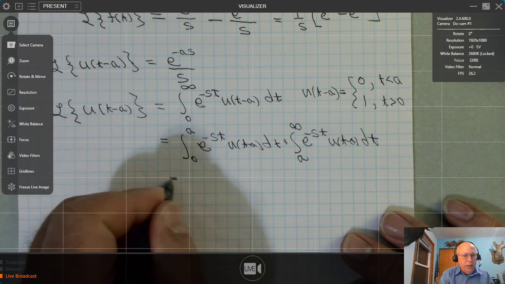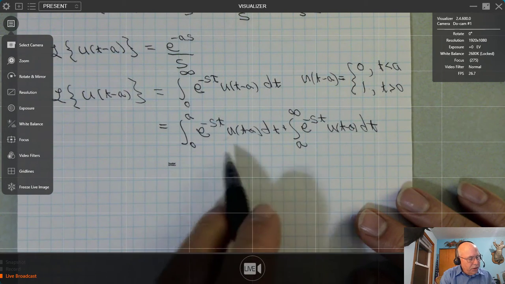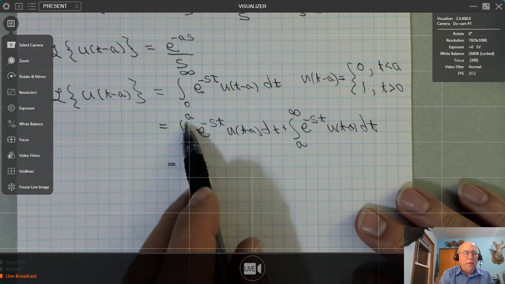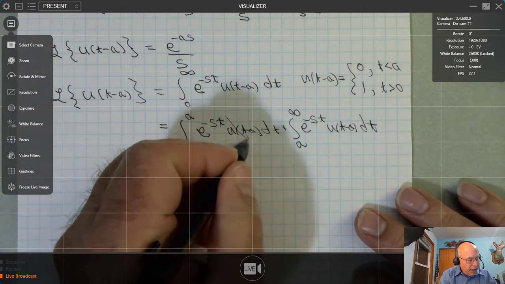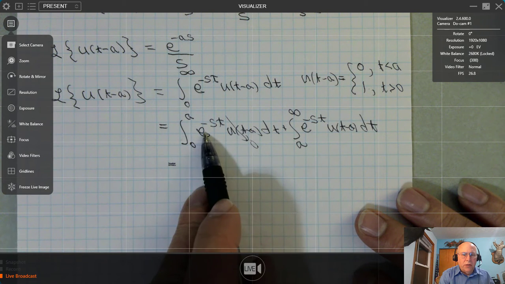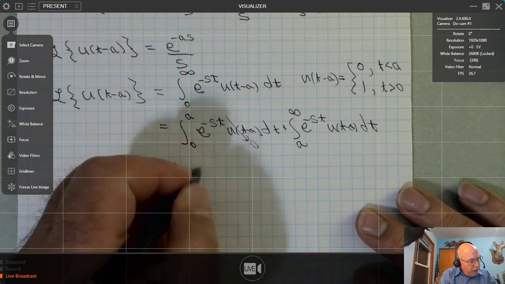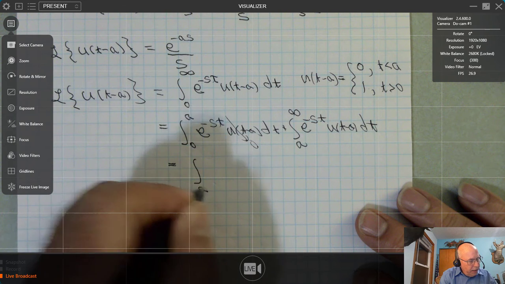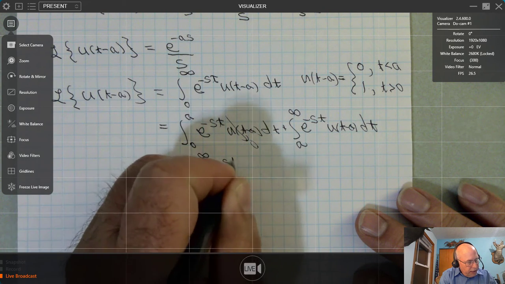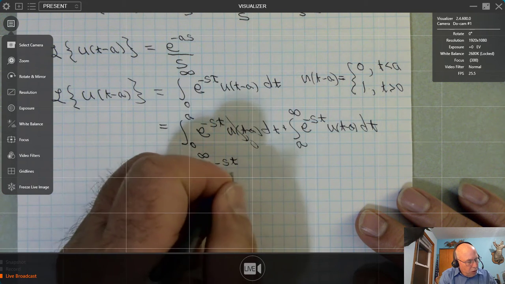However, this first integral is extraordinarily simple. u(t minus a) to the left of a is just equal to 0. So that factor is 0 there, and therefore this whole integral just drops out. So we're left with the integral from a to infinity, e to the minus st times 1 dt.